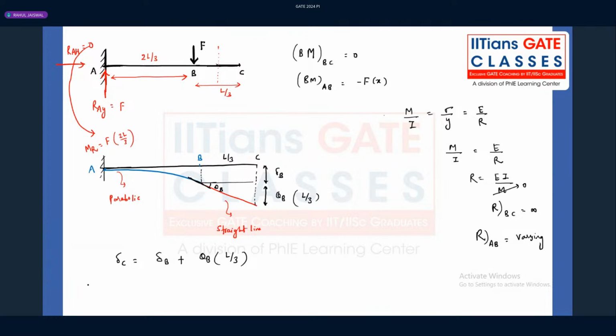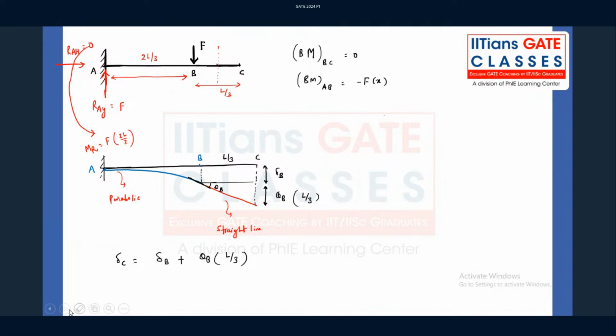Now what is delta B? Let me remove this part. Everybody knows the standard formula. A cantilever beam having a certain length L, if it is subjected to a constant force F, then what is the deflection?